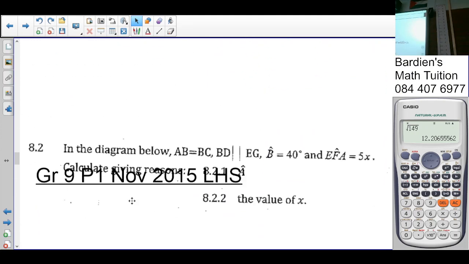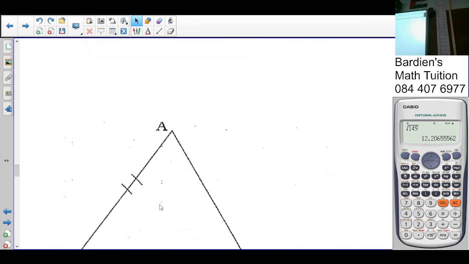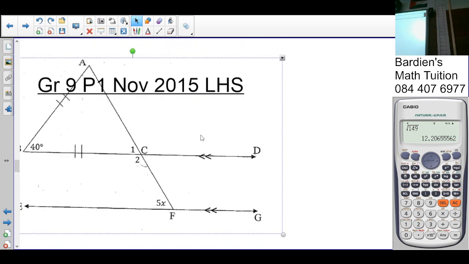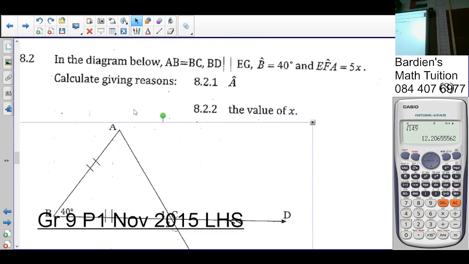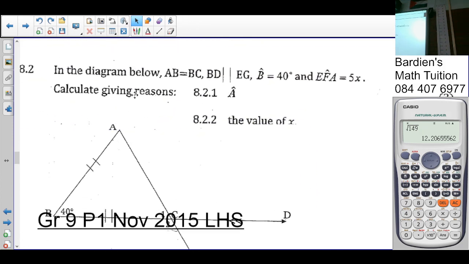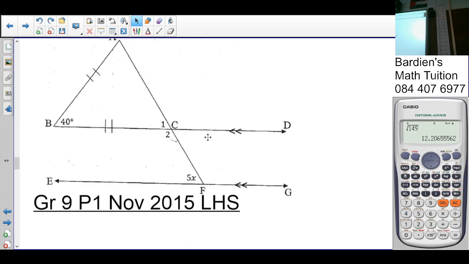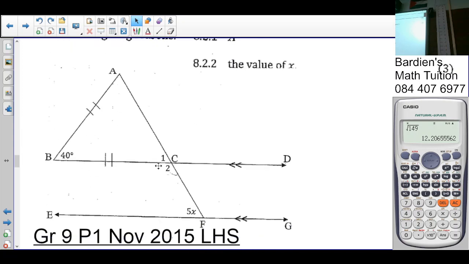Next, we are told in the diagram below, let's get the diagram, yes. In the diagram below, we are told that BD is parallel to EH, and AB is equal to BC.